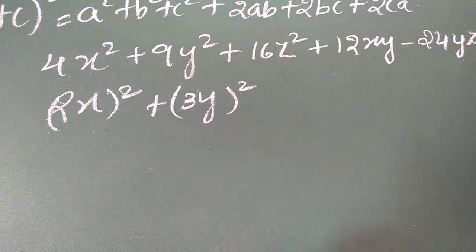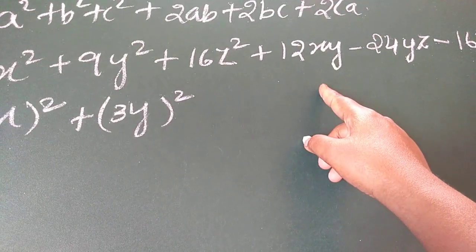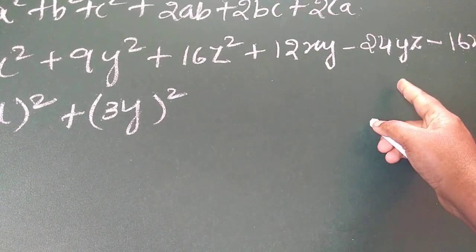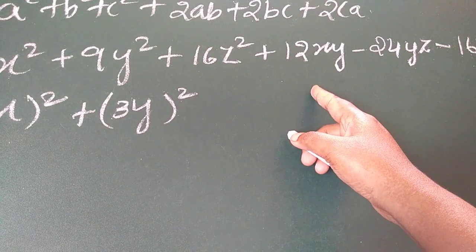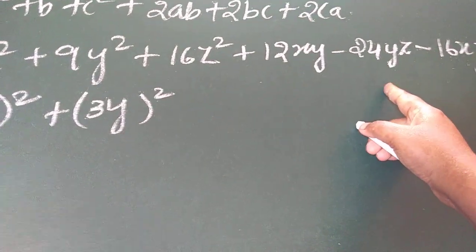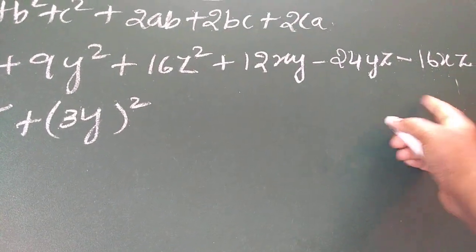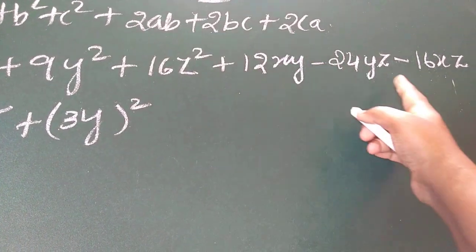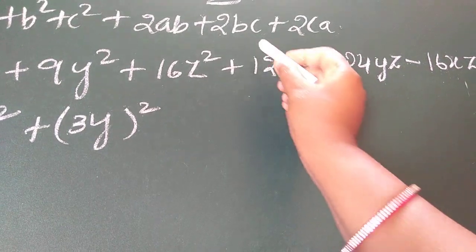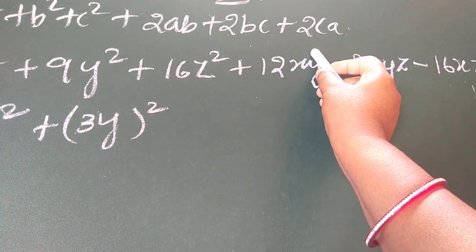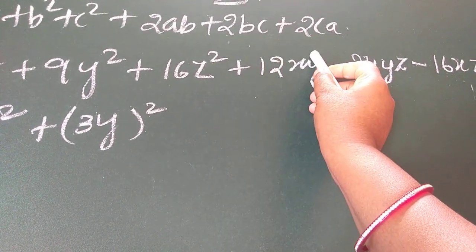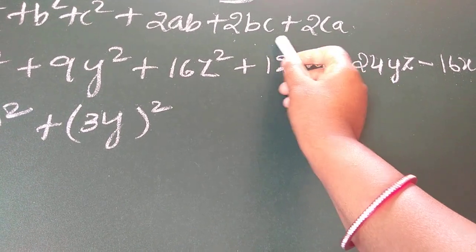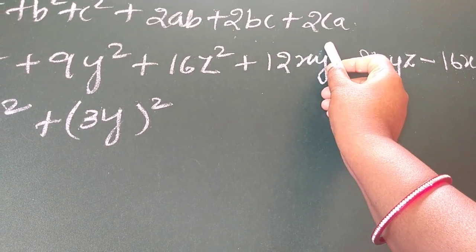But here first we have to check. 12xy is positive, hence a is positive, whereas the second term and third term, that is you see 2bc is negative, 2ca is negative. In both the cases which is appearing the same, c is appearing as a common.